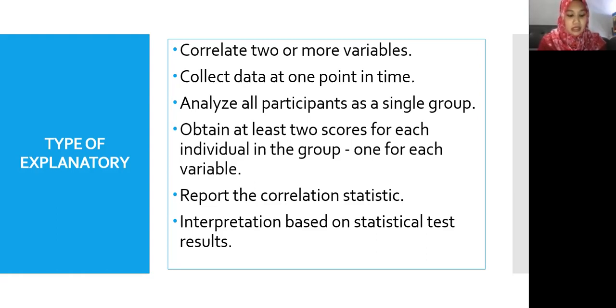And the researcher obtains at least 2 scores for each individual in the group. And the researcher reports the use of correlation statistical tests or an extension of it in the data analysis. And finally, the researcher makes interpretations or draws conclusions from the statistical test results.